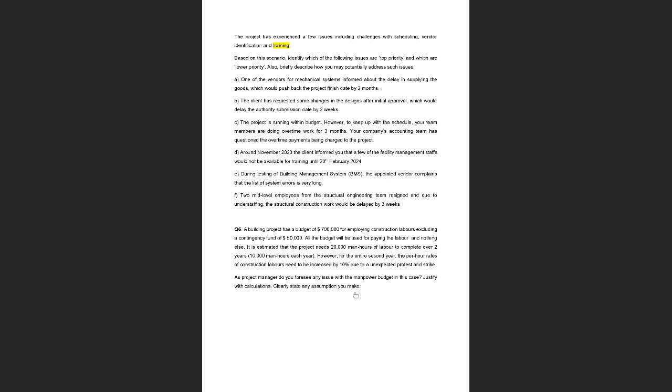All right, so we have two scenarios here. Scenario one, in the first year where there were no problems, you have a 700,000 budget, and you have 20,000 man hours divided over a period of 2 years. So you carry on by considering these numbers for the first year.